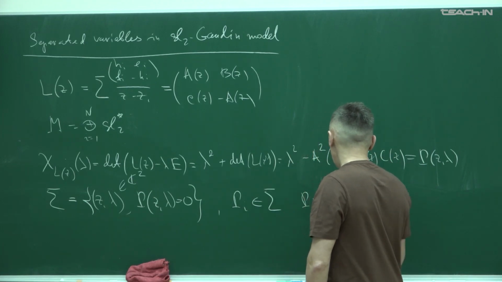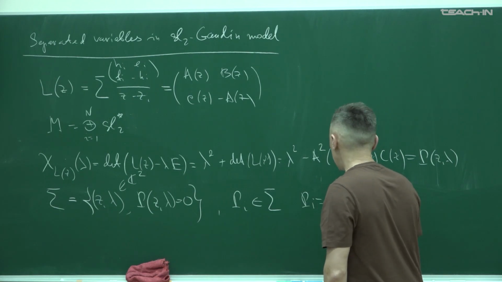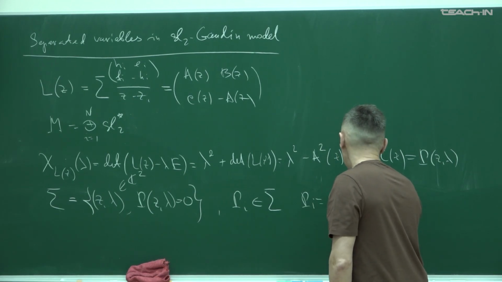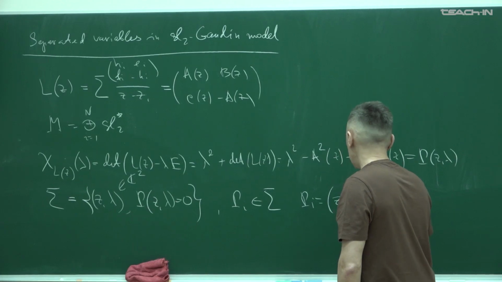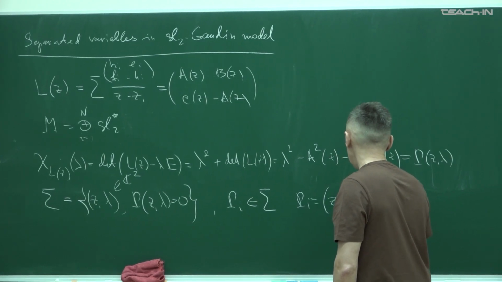Pi is the point given by Zi and lambda I.